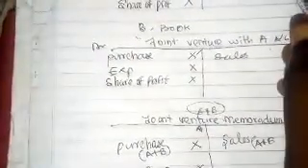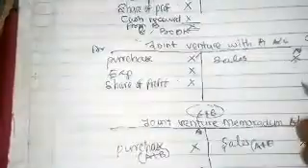Then if this side is more than this side, you have cash received from B. Then this account will balance up.